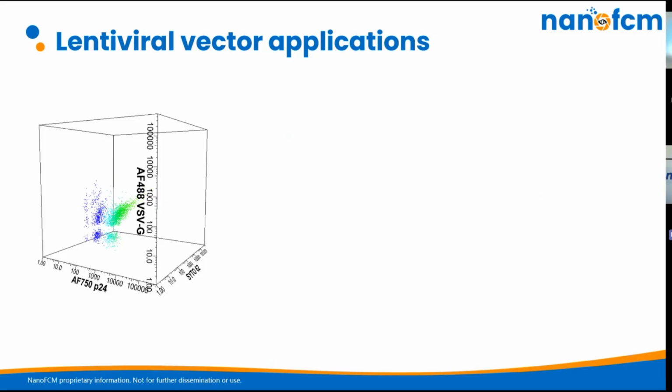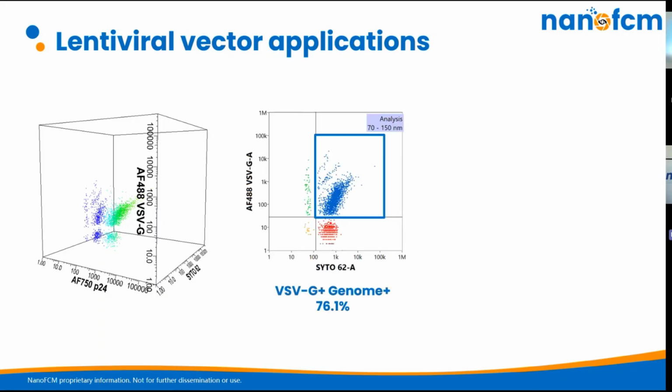This is a depiction of where each population would start, with P24 on the x-axis, VSVG on the y-axis, and Cyto62 or genome on the z-axis. When we look at double positivity first, VSVG and genome, we found a dual positivity of 76.1%.